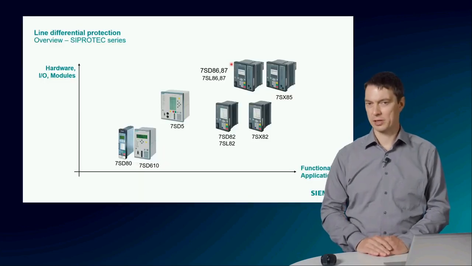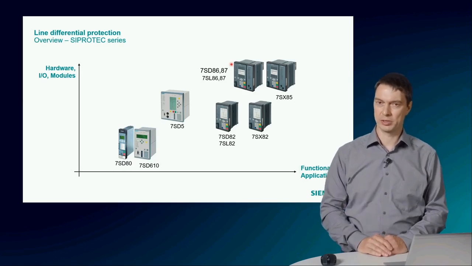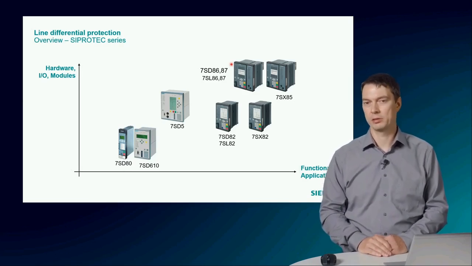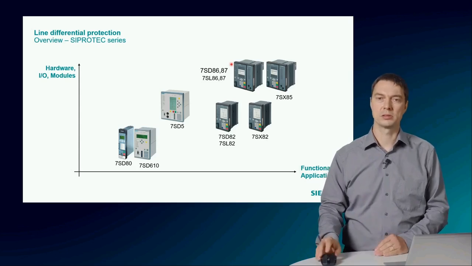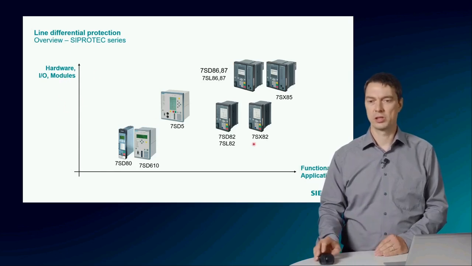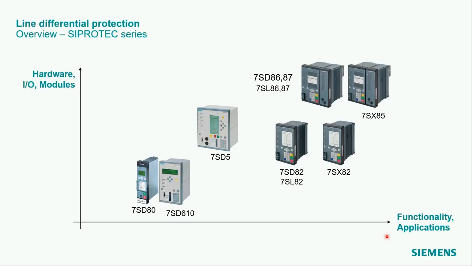In this graph, I tried to place the different SIPROTEC devices regarding their hardware, IOs, and modules over the functionality for the applications. At the lower end, you will find the SIPROTEC 4 compact device 7SD80 and the SIPROTEC device 7SD610.